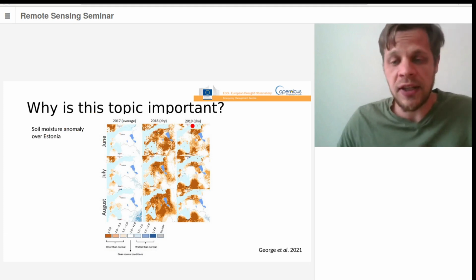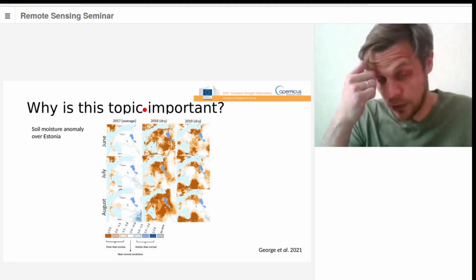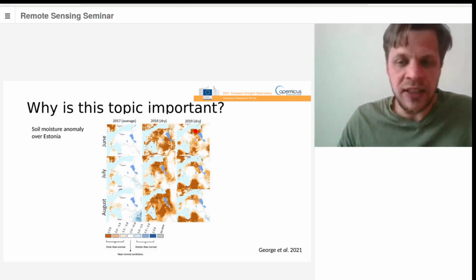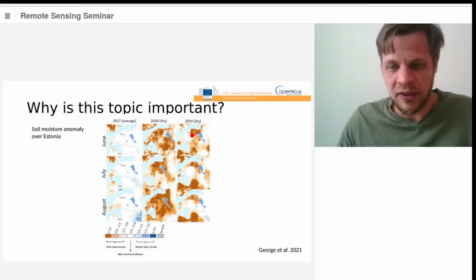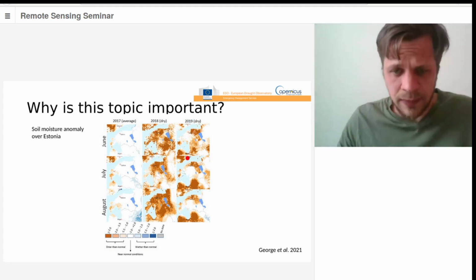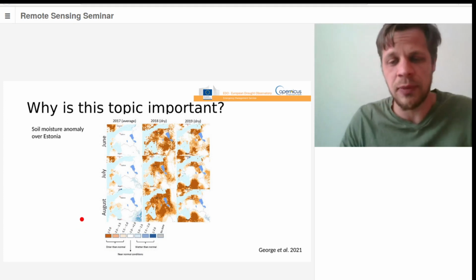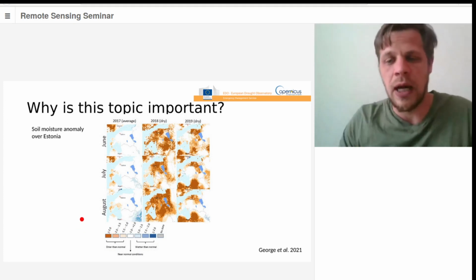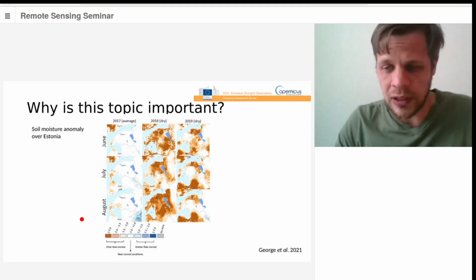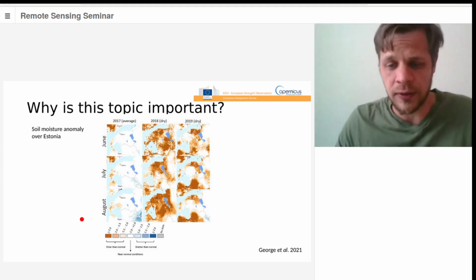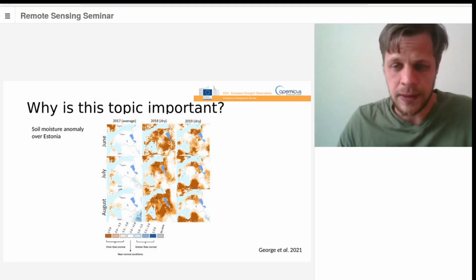But 18 and 19 was exceptionally dry in Estonia, especially 18, because this was a millennial drought occurring over large parts of northern Europe. But then in 19, also in the northeastern parts, we had again extreme conditions. So this dark brown area is -2 standard deviations below the long-term average, which certainly have consequences for vegetation, in particular for forests.